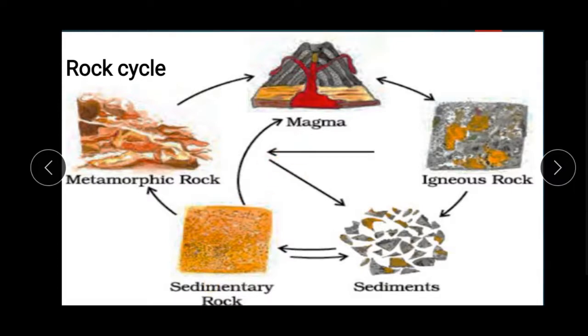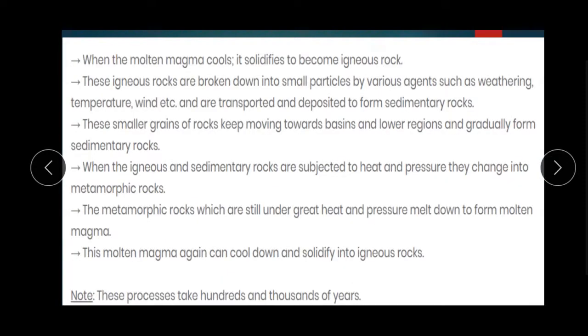Okay, children? First, when the molten magma cools, it solidifies to form igneous rock. After this, the igneous rock is broken down into small pieces, like sediments, by wind or temperature. The sediments are transported and deposited in some other place, and after some years they form sedimentary rock.